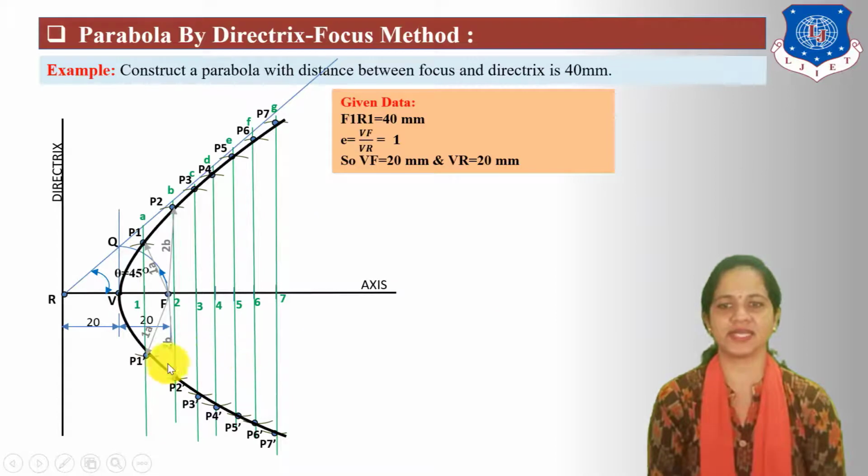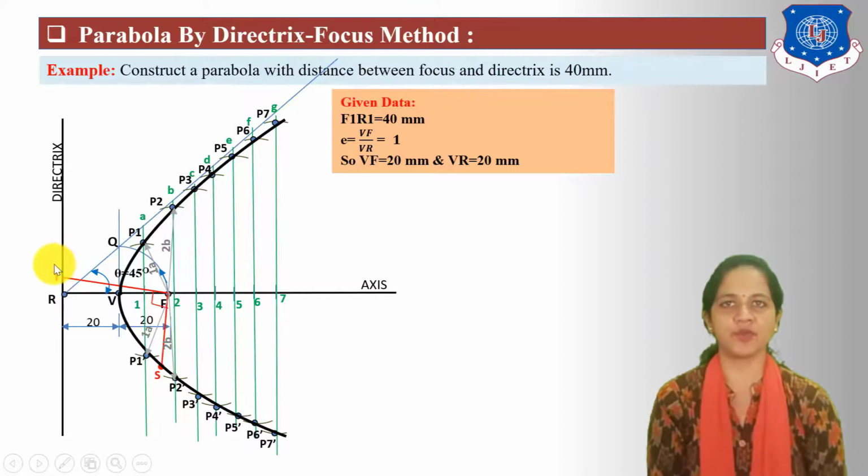For normal and tangent, select one point S on the curve anywhere. Join this point with focus point F. Next, draw a 90 degree angle line of this SF line from F point up to directrix.